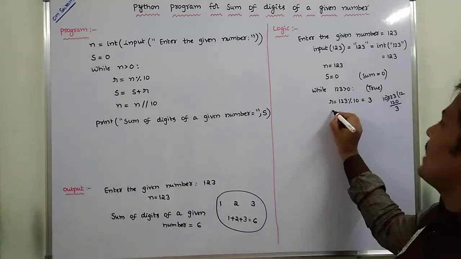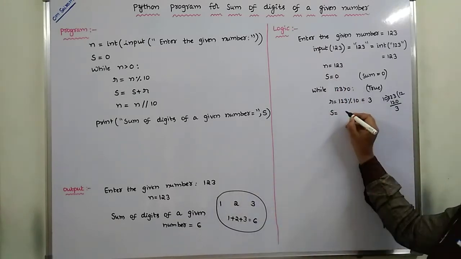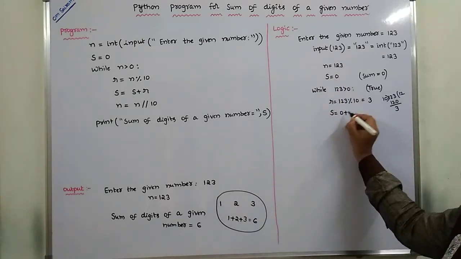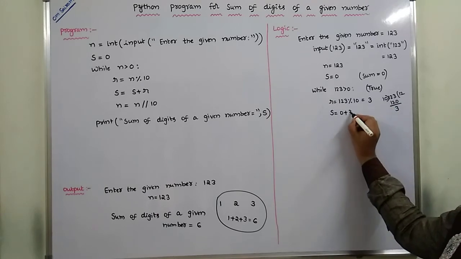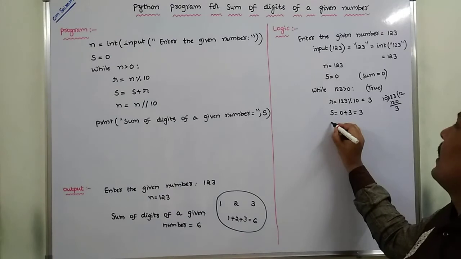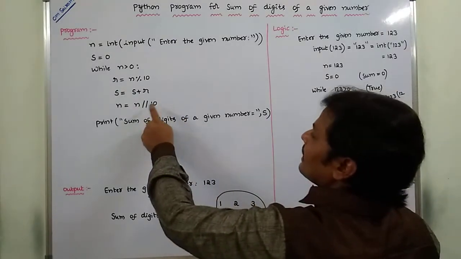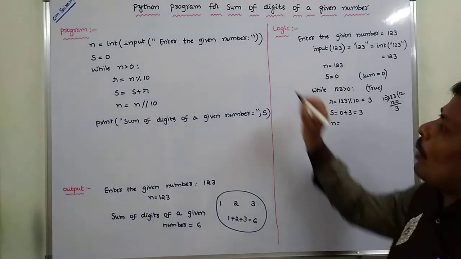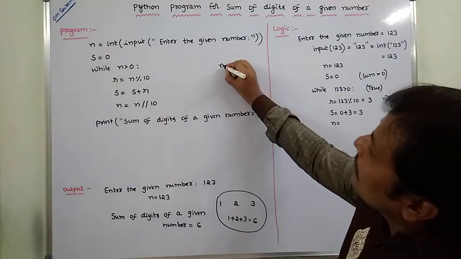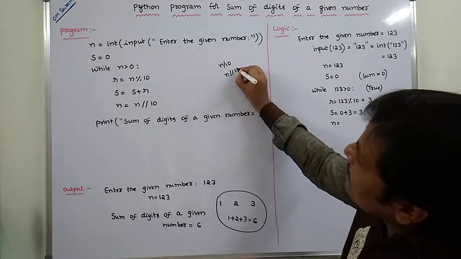Next step, s is equal to s plus r. Initially s value is how much? 0. Plus r value is 3. So s is equal to 3. Next one, n is equal to n divided by 10. So what is the difference between n / 10 and n // 10?